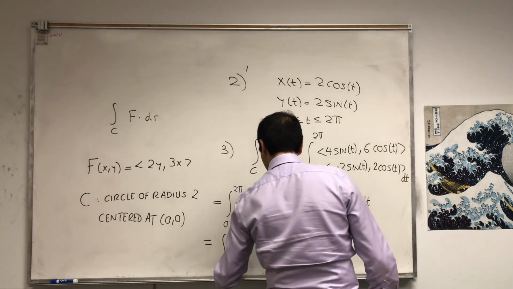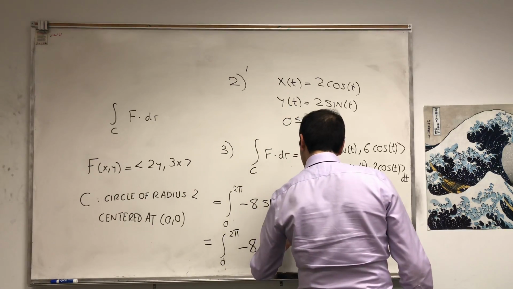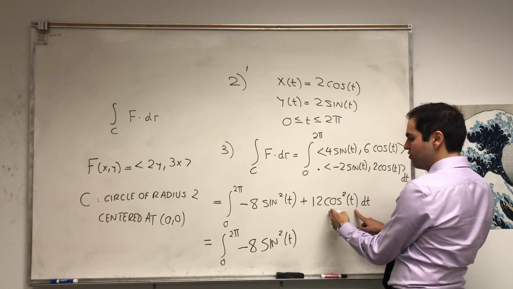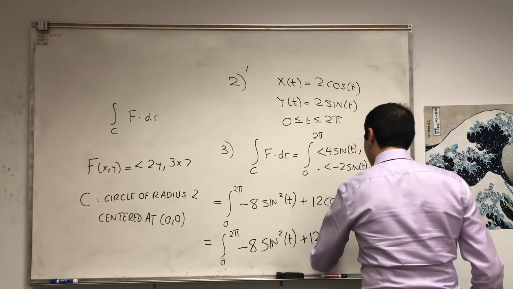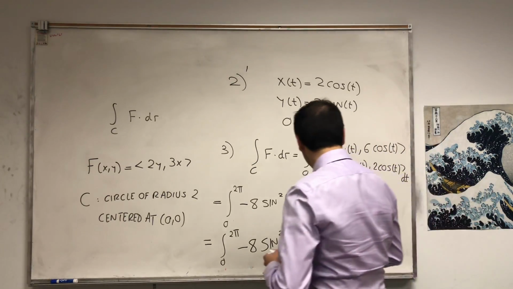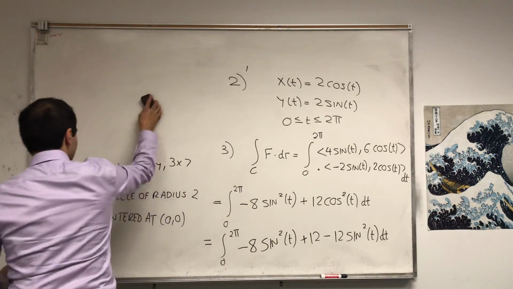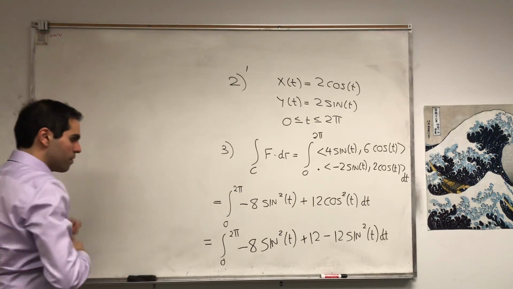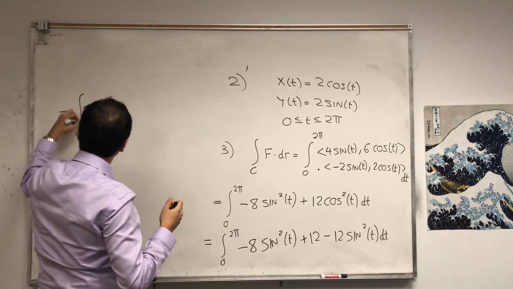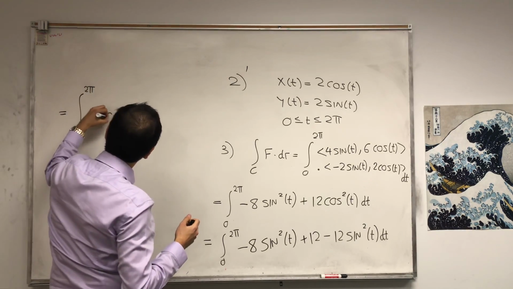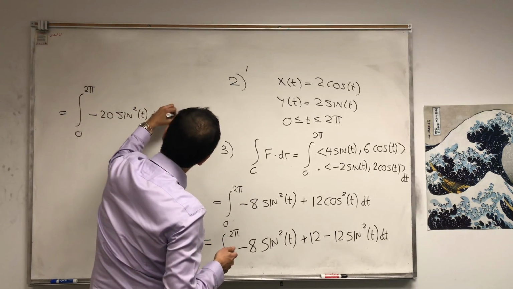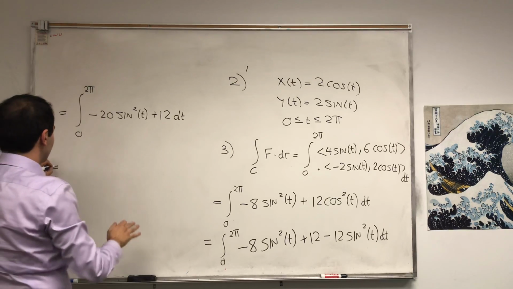So the integral from 0 to 2 pi of minus 8 sine squared of t plus 12 times 1 minus sine squared of t, so plus 12 minus 12 sine squared of t dt. And then what this gives you is the integral from 0 to 2 pi of minus 20 sine squared of t plus 12 dt.